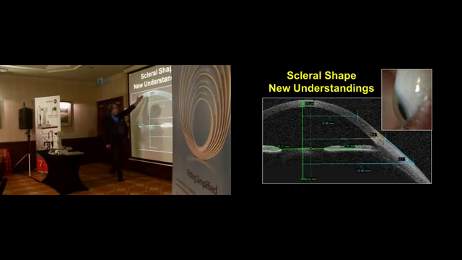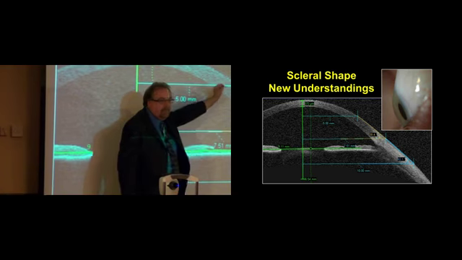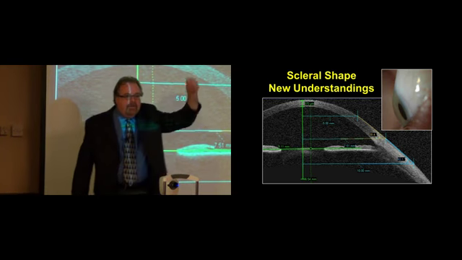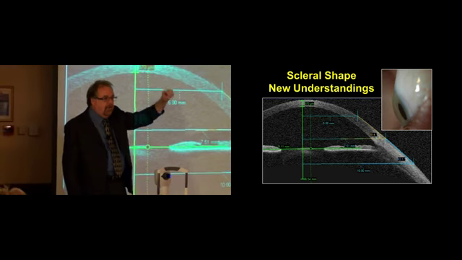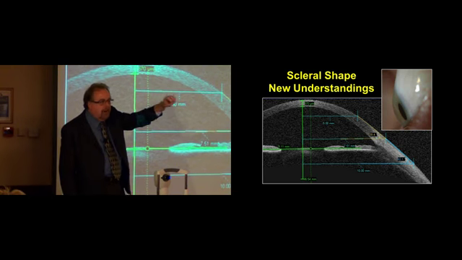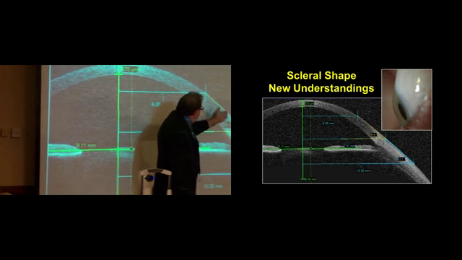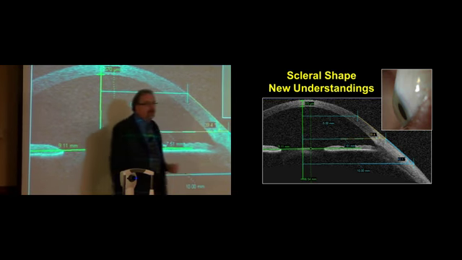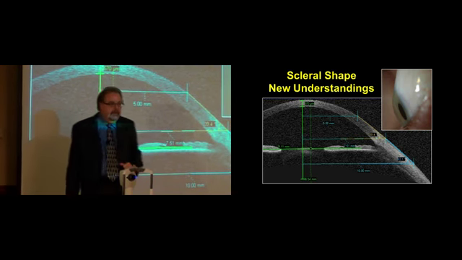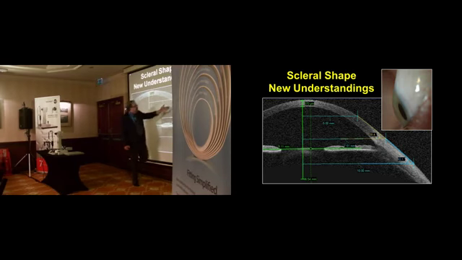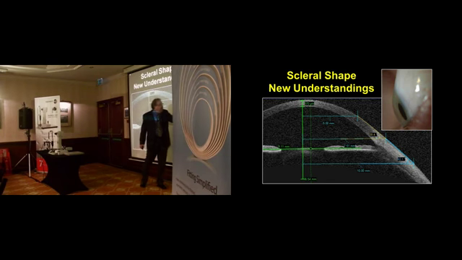We see the cornea with its curve in the center 10 millimeters. At 10 millimeters, that curve comes to a rather abrupt halt, and it forms a straight line or tangent out to the limbus. Now, at the limbus, it actually continues that tangent.